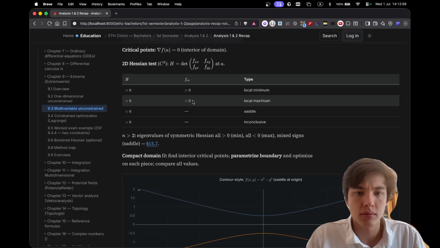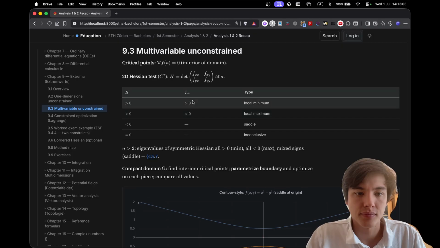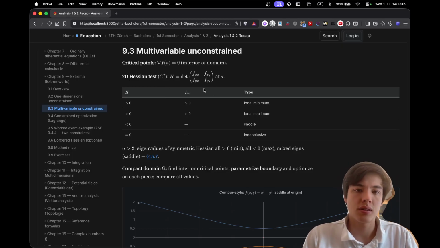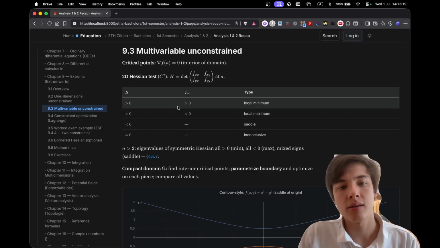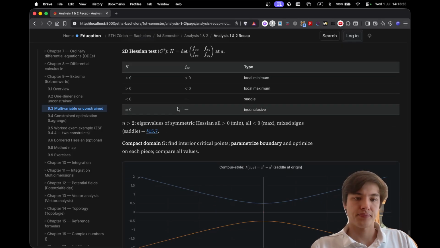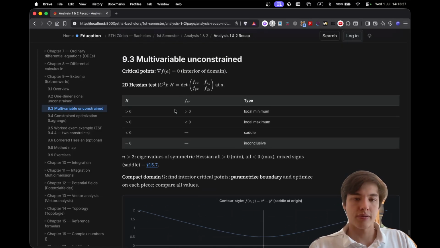The Hessian test is the determinant of this. And yeah, if it's larger than 0, then we can say, check fxx, saddle or inconclusive.